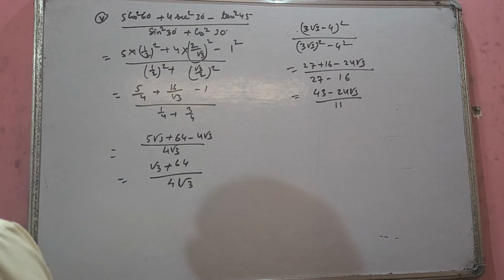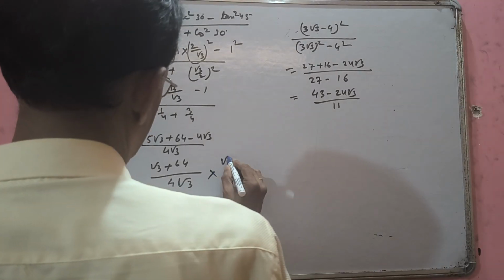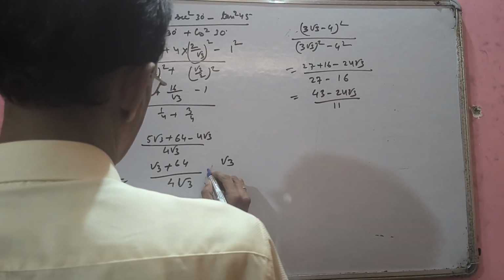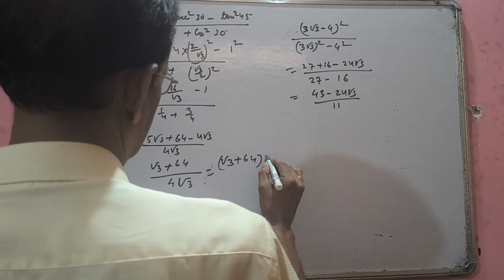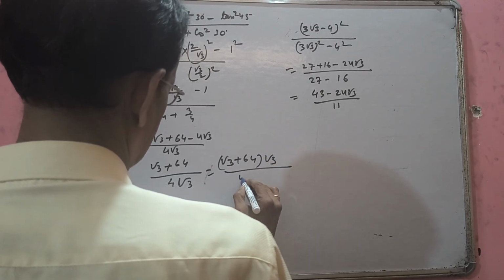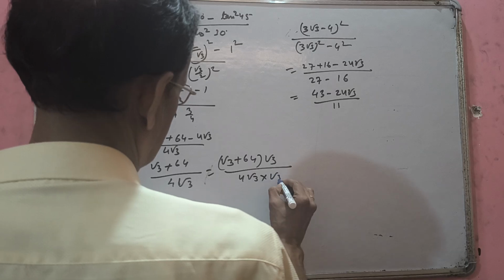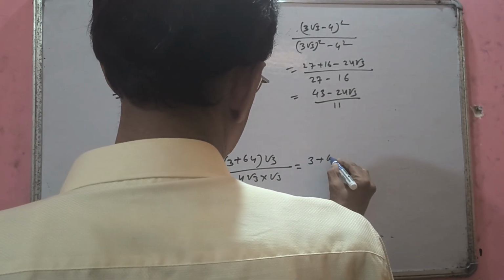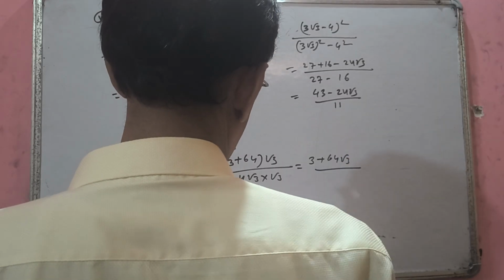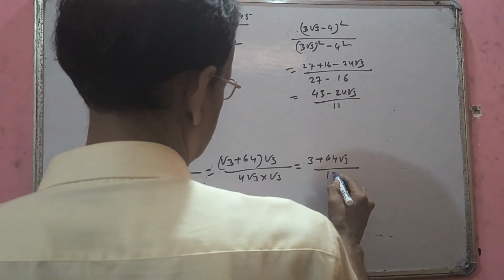The denominator should be rational, so multiply by root 3: 4 root 3 into root 3. How much will you get? 3 plus 64 root 3 by 12.